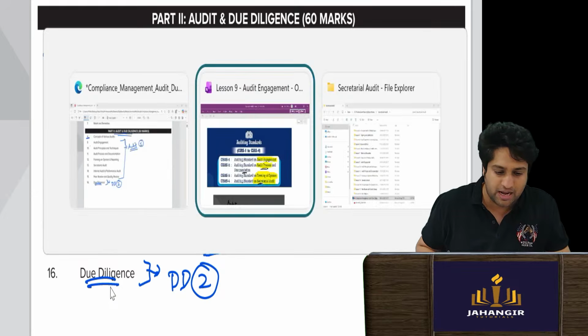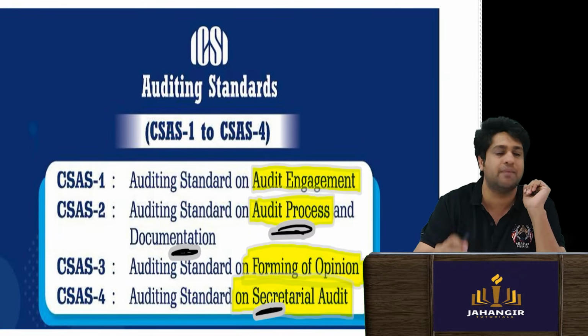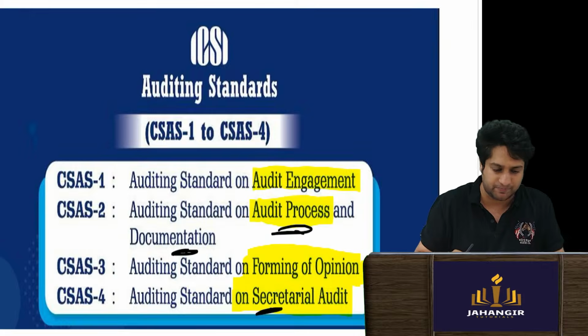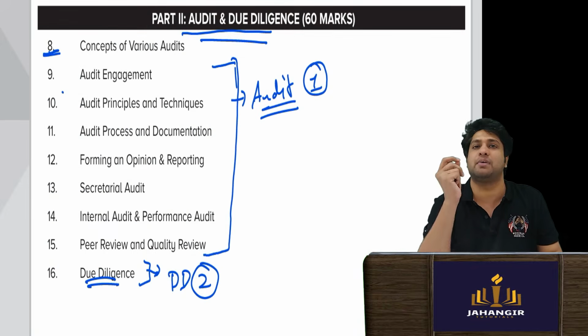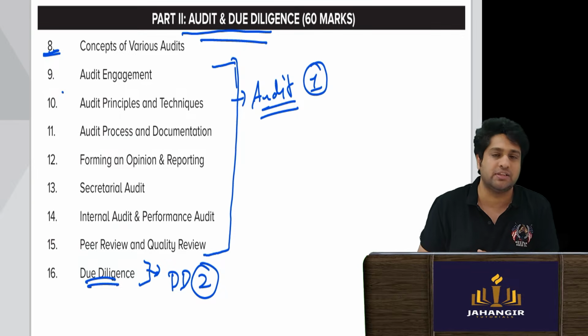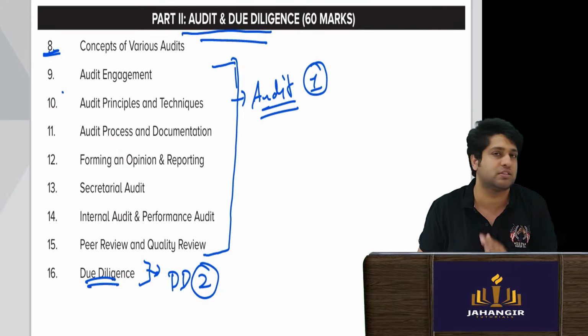Now I will be covering from the exam point of view so that you get proper in-depth knowledge from an exam perspective. When we start, we'll be starting with chapter number 9, that is your audit engagement. Now if I ask you who issues accounting standards, you will say ICAI.